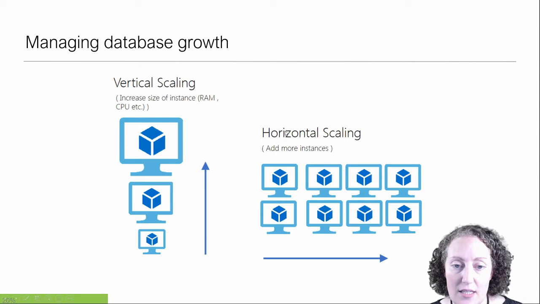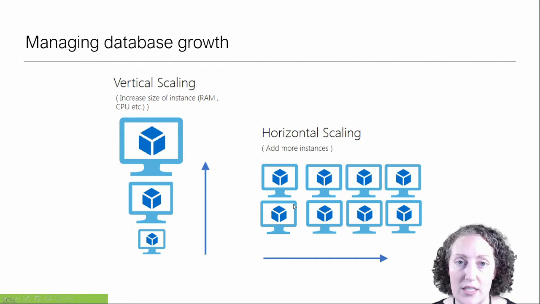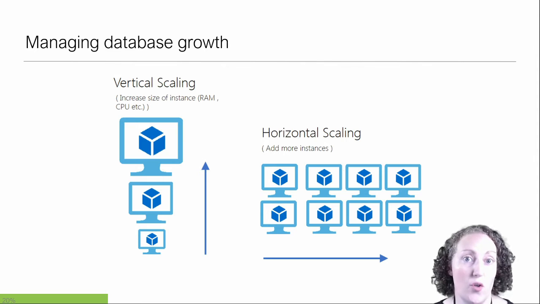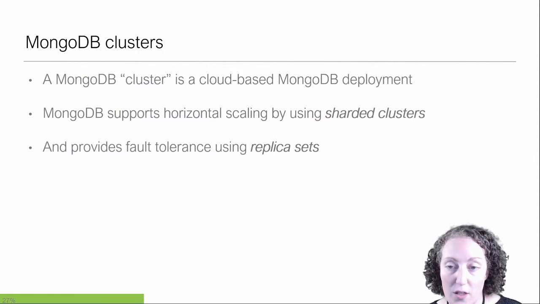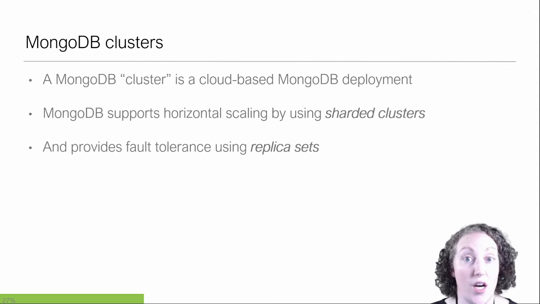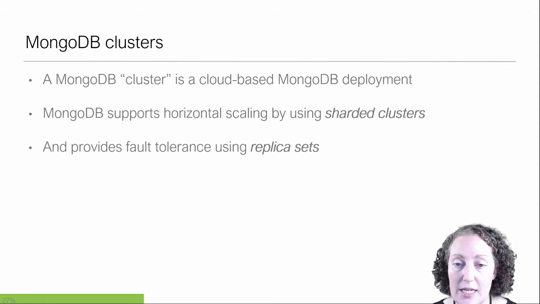The other approach is horizontal scaling, so adding more instances. You keep a very similar sized machine to store the data, in terms of both the storage capacity and the processing power, but add more of those servers. So you spread the increased load over a number of different servers or clusters. MongoDB uses clusters and it supports horizontal scaling by using sharded clusters, which we'll talk about in a second.